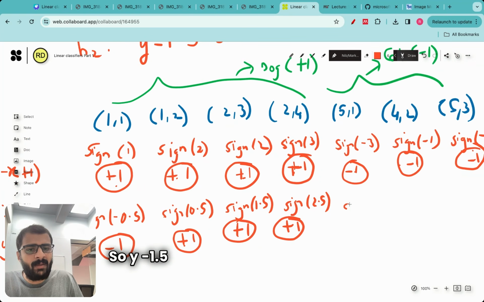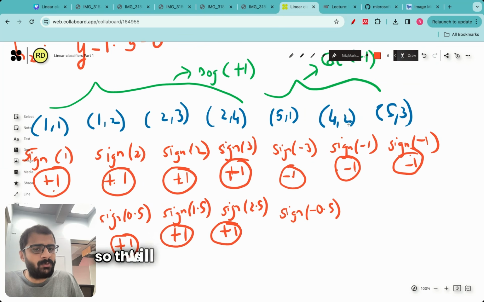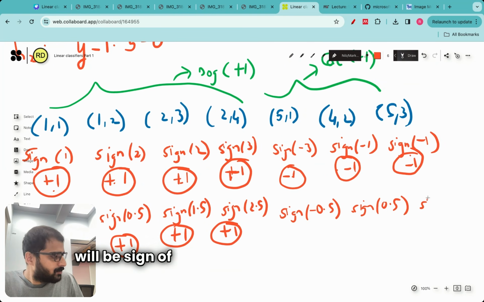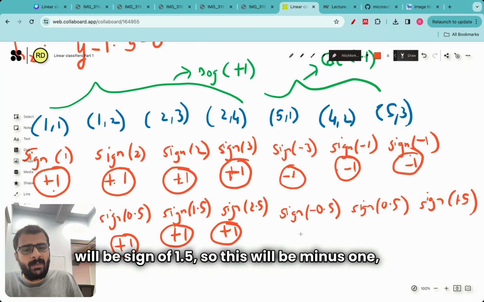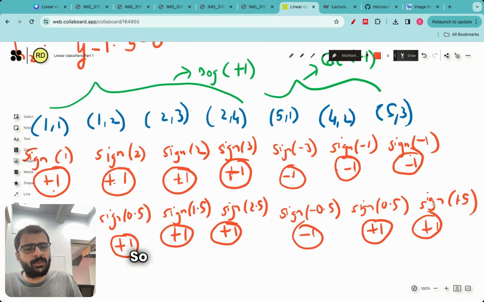Let us see this. 5 comma 1. So y minus 1.5, so it will be sine of minus 0.5, y minus 1.5. So this will be sine of 0.5 and y minus 1.5. So this will be sine of 1.5. So this will be minus 1, this will be plus 1, and this will be plus 1, since the inputs here are positive.